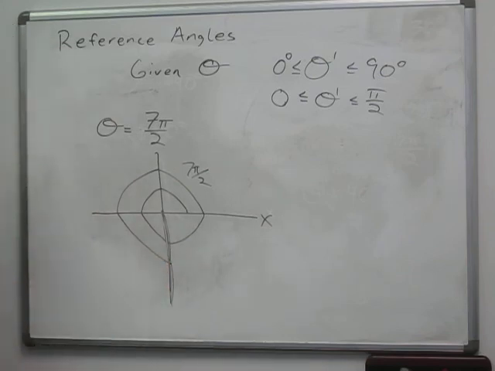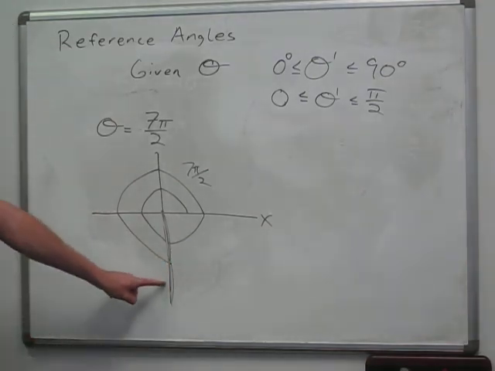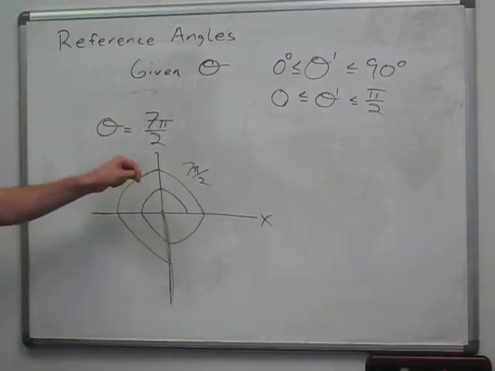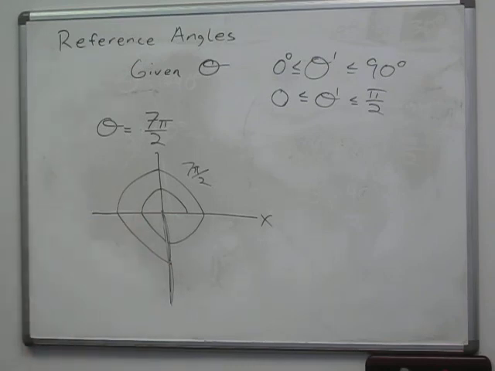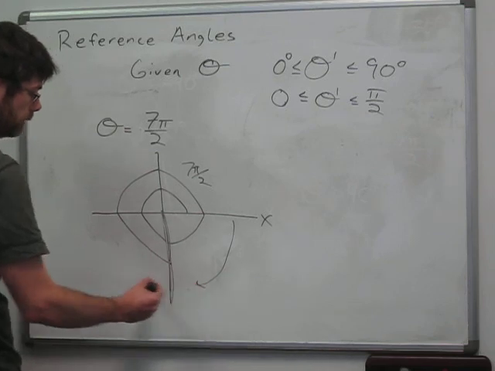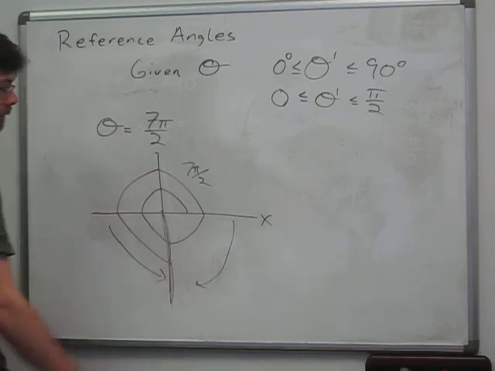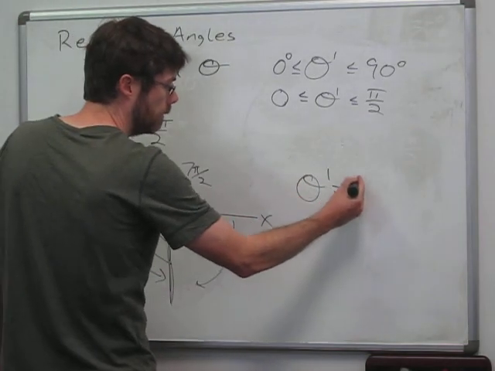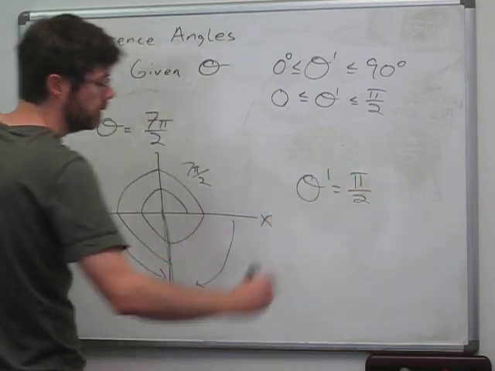So 7 pi over 2 puts my terminating side on the y-axis, pointing straight down, right? So my reference angle, you can think of it from either direction. In either case, the reference angle is pi over 2.